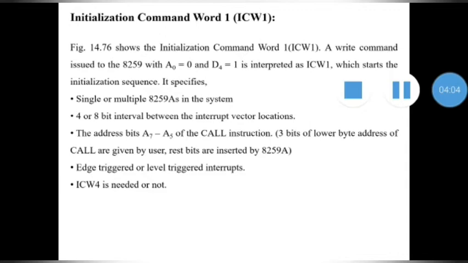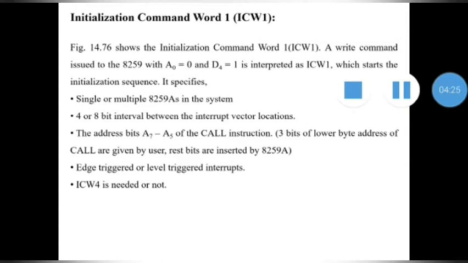This command word specifies whether there is a single or multiple 8259 in the system, and it also specifies a 4 or 8 bit interval between the 2 interrupt vector locations.